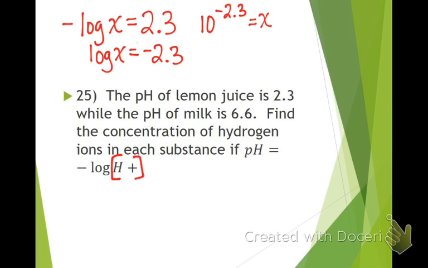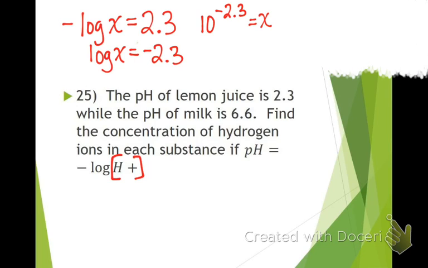We're just rearranging it the other way. Now, lucky for us, in our calculators, we should be able to evaluate 10 raised to the negative 2.3 power. So remember that caret button I've talked about before? It comes in handy for this as well. 10 caret negative 2.3, enter.